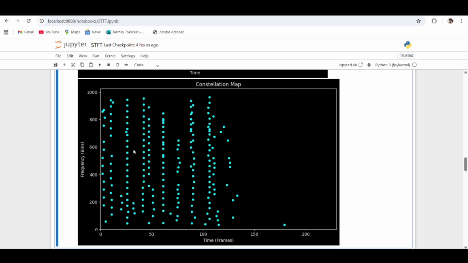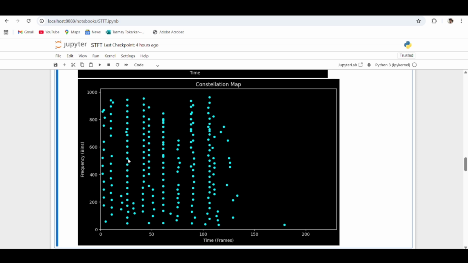These dots are nothing but the constellation points, and each of these dots will give us information about two things. Let us say this data point. If you take this point, it is giving me the information of which frequency is associated with that point, and secondly, when that frequency is occurring in that song.